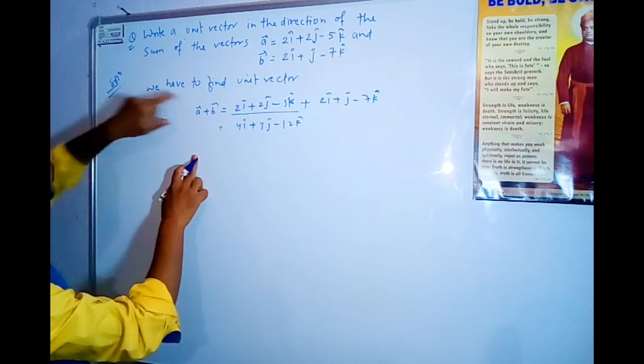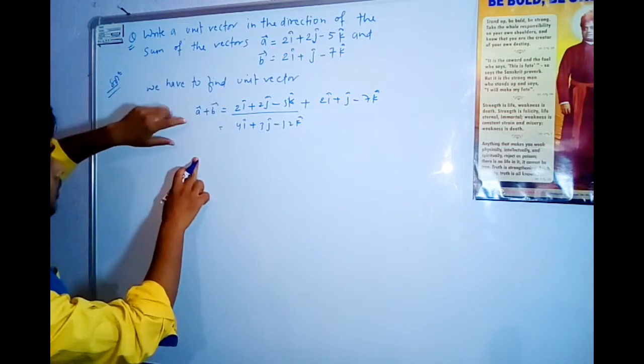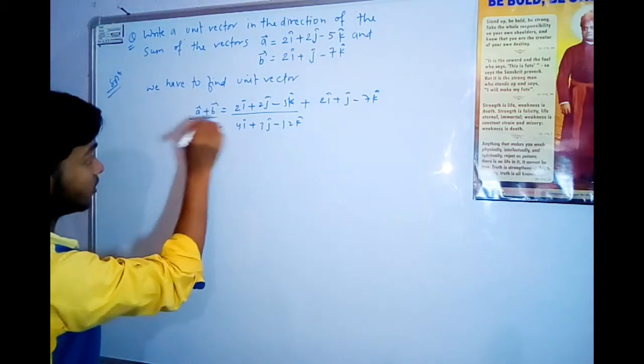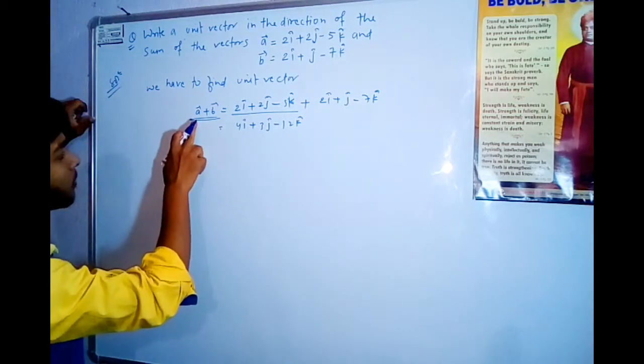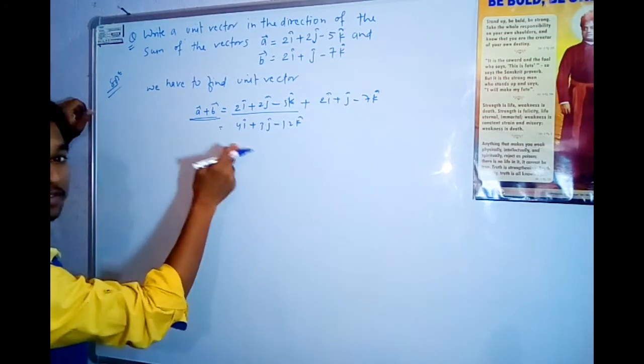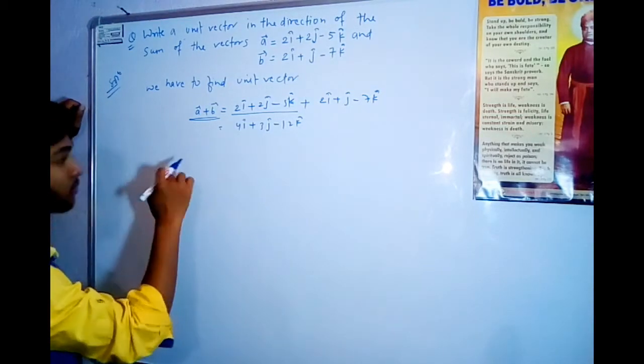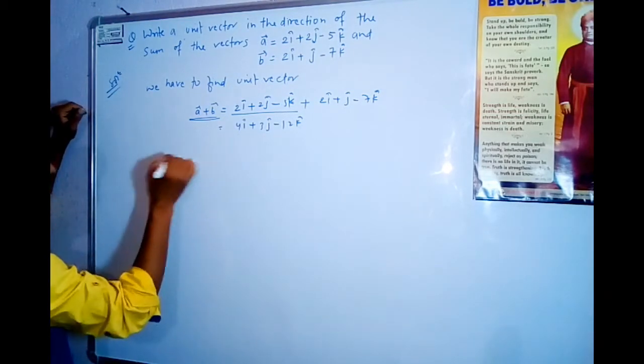So we have to find the unit vector in the direction of this vector. How to find it? We have to divide it by its magnitude, as we have studied earlier.